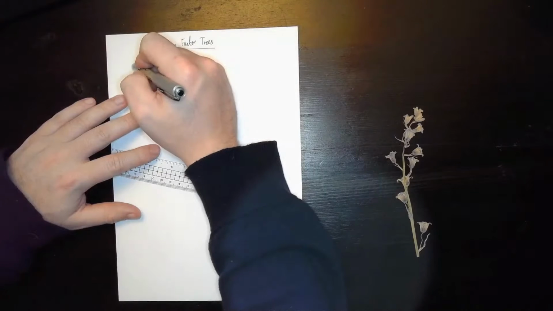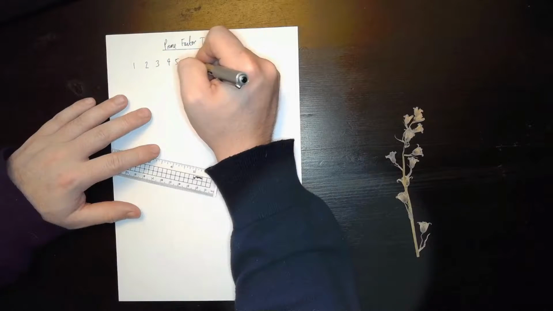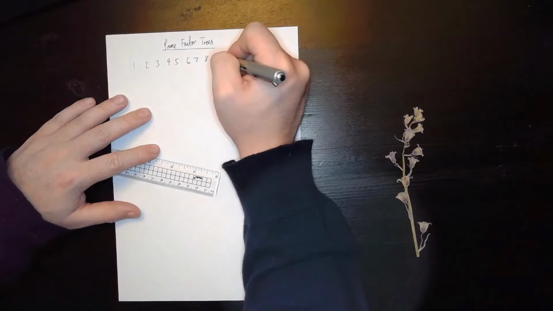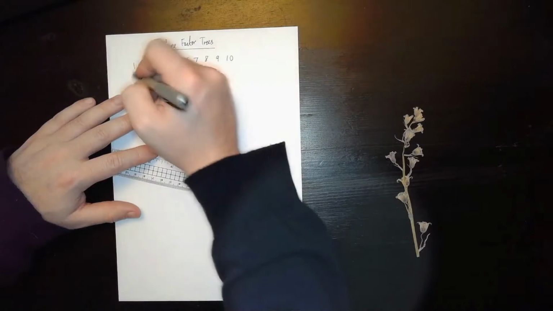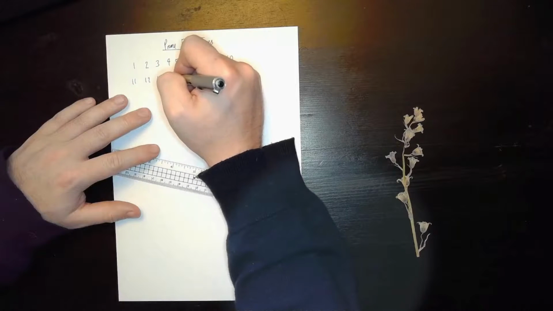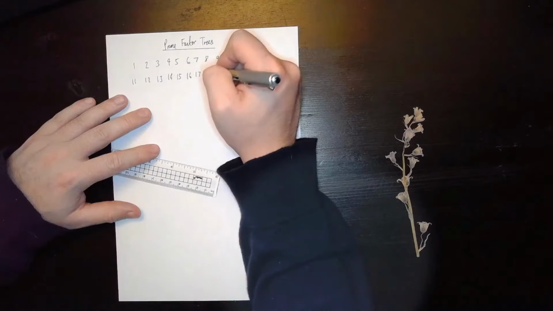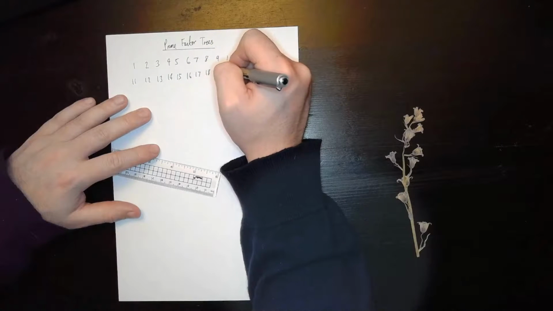So, let's just remind ourselves what the prime numbers are. The definition of a prime number is a number that has exactly two factors.